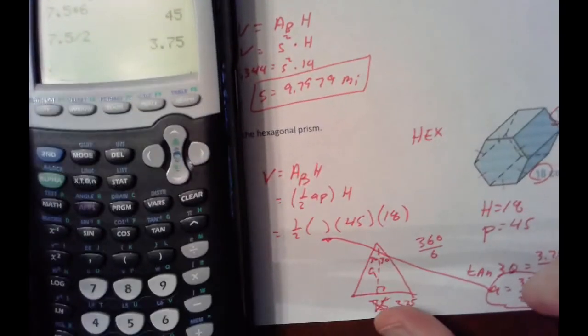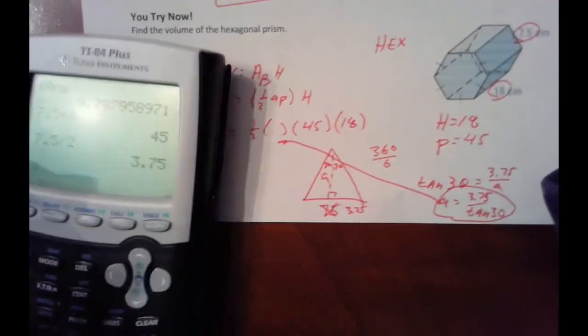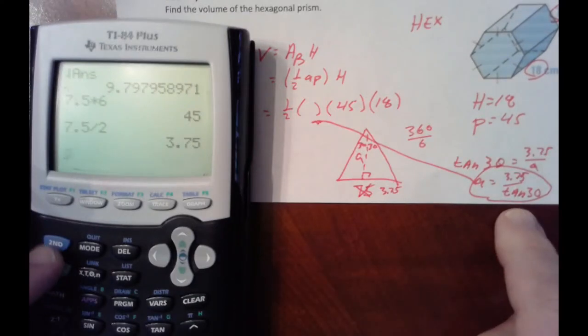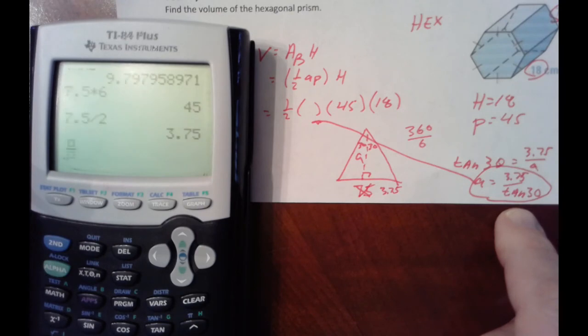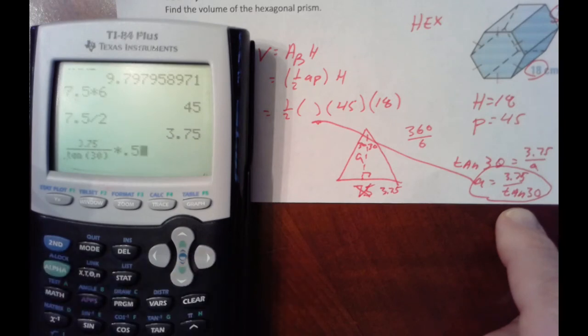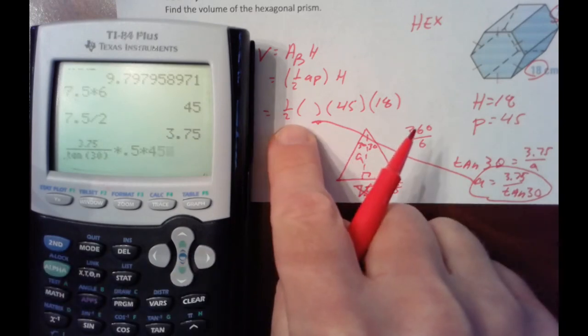See if I can get it on the screen here. There we go. I'm going to do my tangent first, so I'm going to have 3.75 over tangent of 30 times 1/2 times 45 times 18.